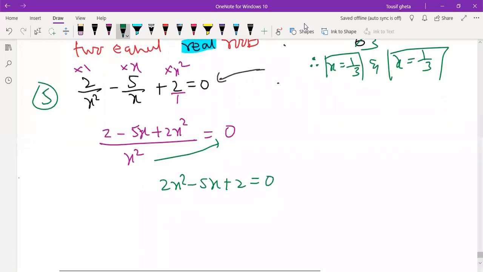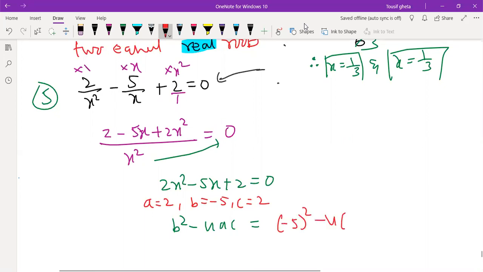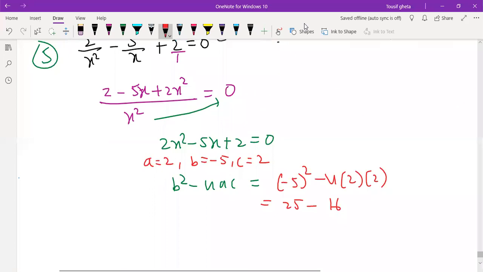Now you can go with b square minus 4ac. Here a is equal to 2, b is equal to minus 5, c is equal to 2. So b square is minus 5 square, 4 into 2 into 2. We will get 25 minus 16. How much we'll get? So we got b square minus 4ac is equal to 9.